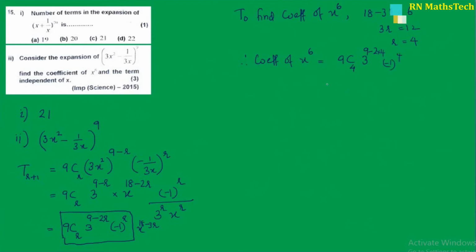Okay, that's equal to 9C4 into 3 raised to 9 minus 8, that is 3 raised to 1. So we get 3 into 9C4. That is the coefficient of x raised to 6.